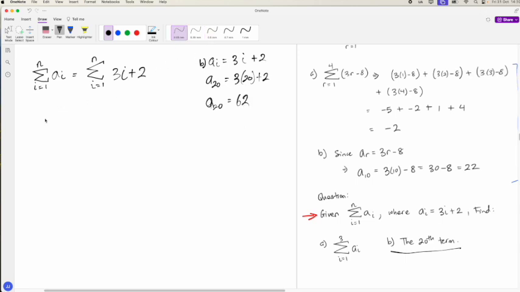But now we'll do the hard part, and that is part A, the summation of i from 1 to 3 of ai. That will be equal to, when i is 1, plus when i is 2, plus when i is 3.